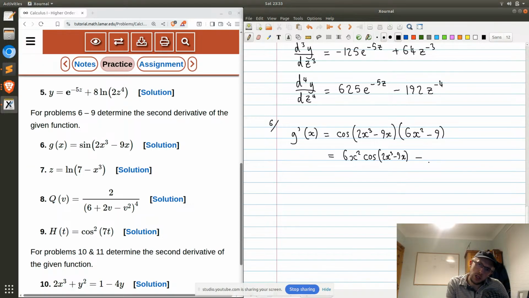No, wait. This is a product. So, product rule. G double prime of x, which is how far we're going to go. So, differentiate the first function and leave the second one alone.